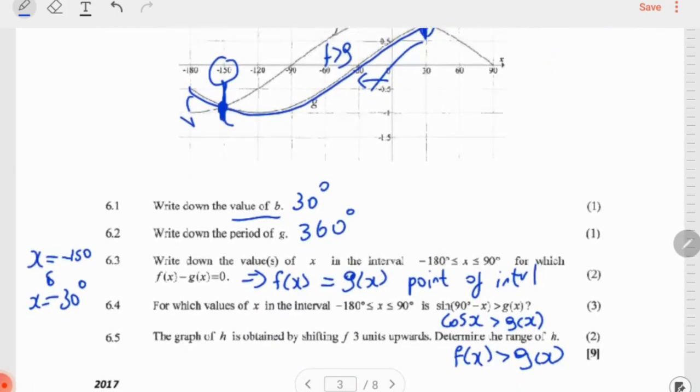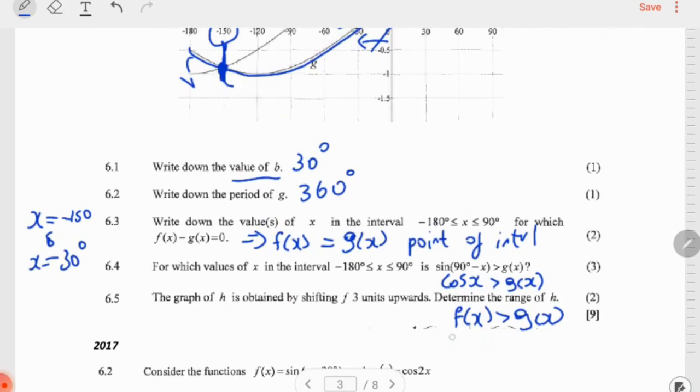So this is when x is between minus 150 and 30. All right, and we can use the brackets.